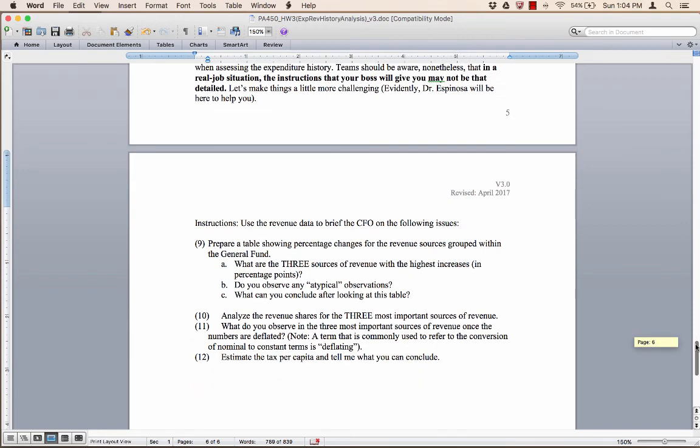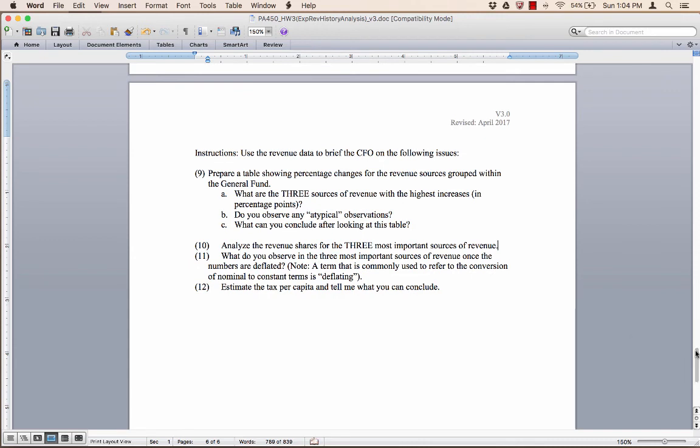So on the revenue side of the budget equation, I am asking you to prepare a table showing percentage changes for the revenue sources, something similar to what you did before with the expenditure side. I want you to analyze revenue shares. I want you to convert from nominal to real. In other words, I want you to deflate the numbers. And I want you to estimate taxes per capita and tell me what you can conclude.